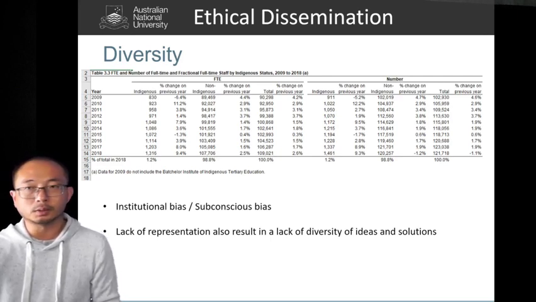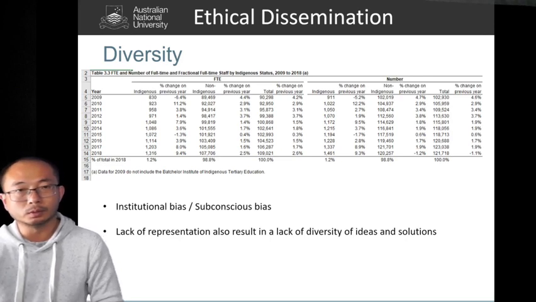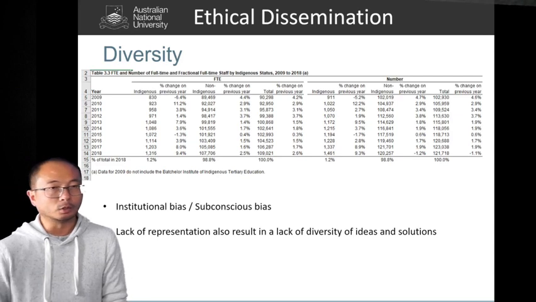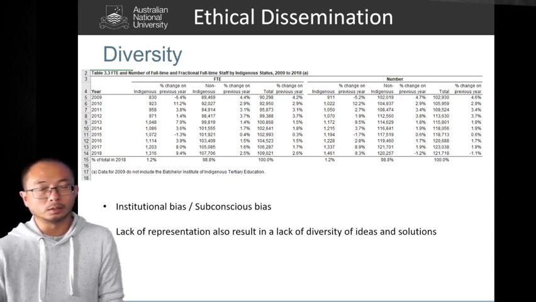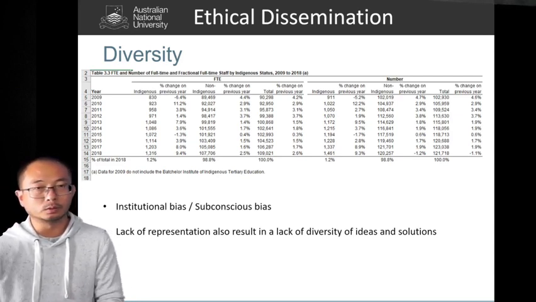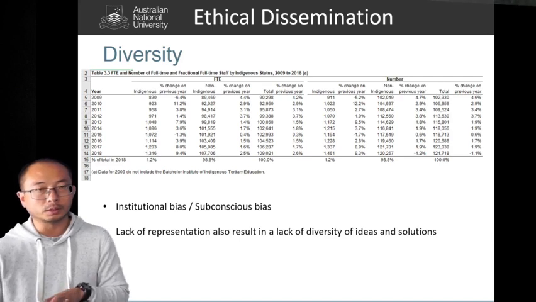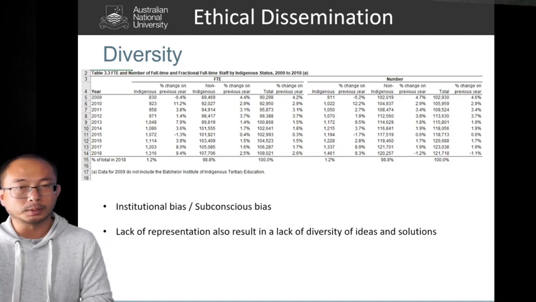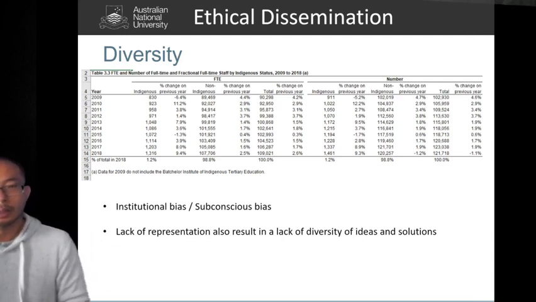This is very important that we need to fix, and like all other occupations, we need to work towards equal or fair representation. Academia in particular should work a lot harder.